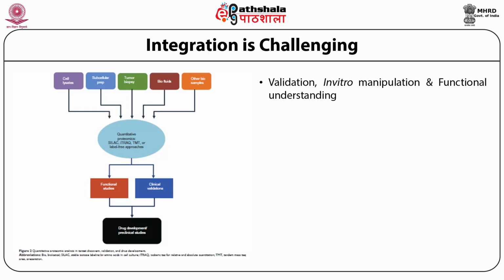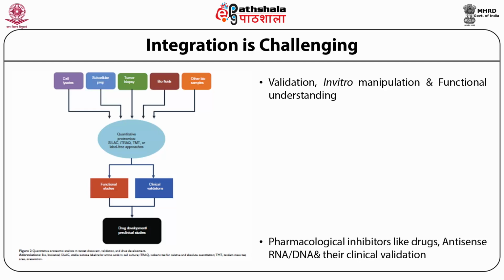So we can get different kinds of data on different levels of connectivity, and we need to build certain models to prove or find out whether we are on the right scale or not. In many cases, another set of verification is done by using drugs, antisense, and sometimes clinical validation.